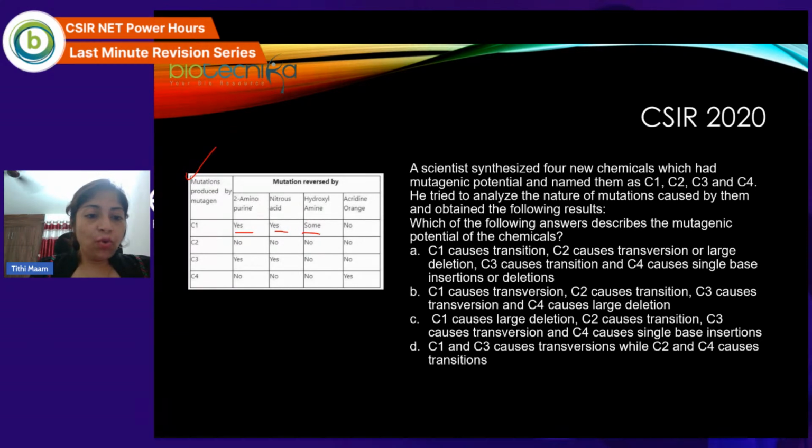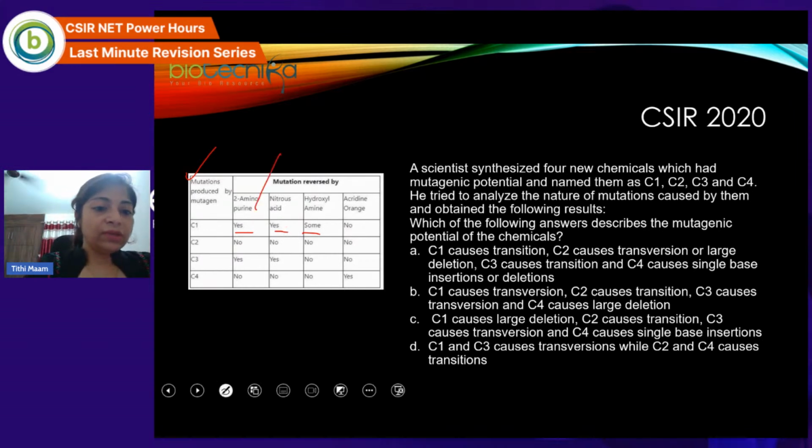So 2-aminopurine, nitrous acid, and even hydroxylamine, what kind of mutation can they cause? They can cause transition. That means C1 for sure is transition. You see the same pattern for C3.